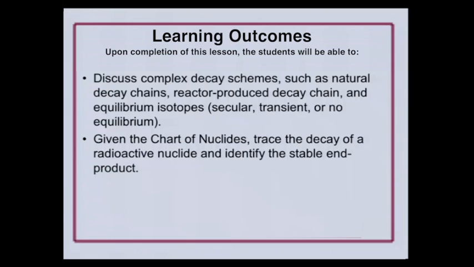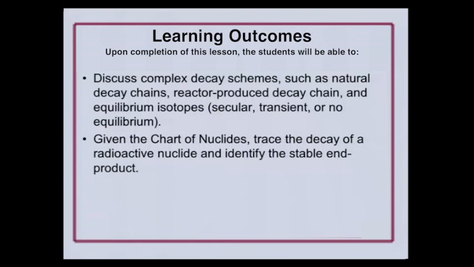And then finally, the equilibrium aspect of this. Equilibrium isotopes, you'll see we have secular, transient, or no equilibrium that may exist depending on the characteristics of the different isotopes. So we'll be talking about that as one of our learning outcomes.